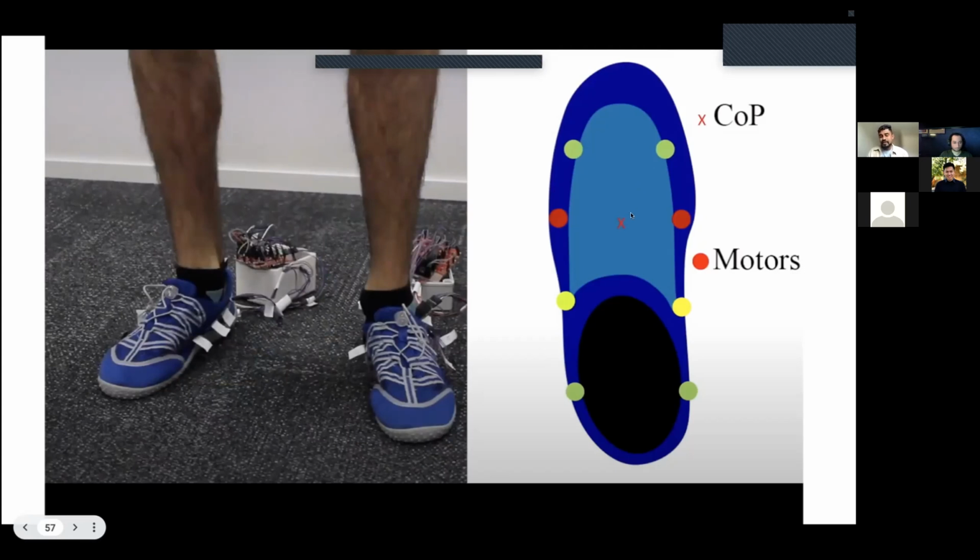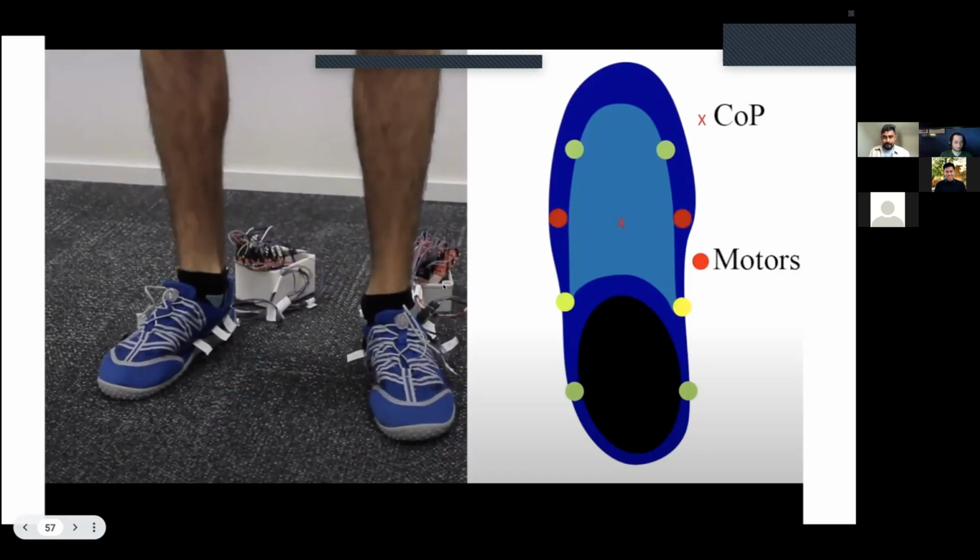Imagine that your center of pressure is somewhere here, and this set of motors will start to vibrate. Since the center of pressure is closer to these two motors, these two motors will vibrate at a higher intensity compared to these two motors. In that way, users can feel where their center of pressure is, and then they can improve their posture according to that feedback.